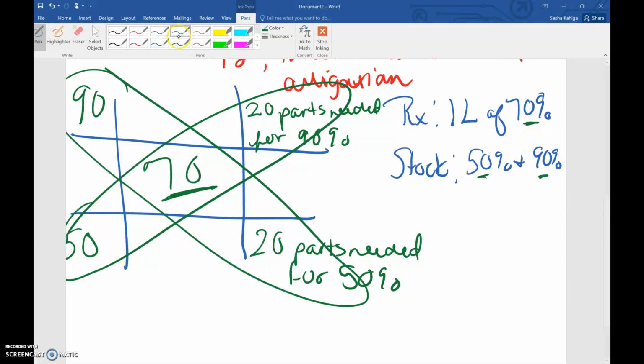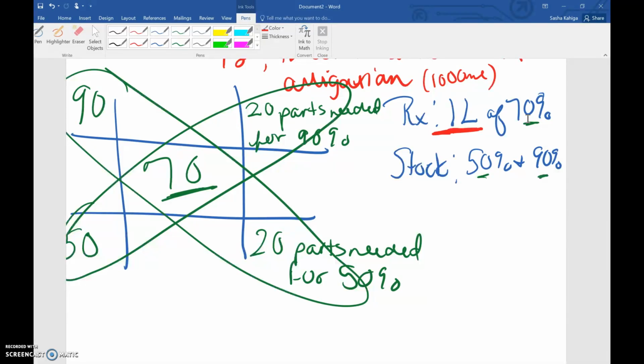The quantity given in this problem is the 1 liter, which we work in milliliters, so that's 1,000 milliliters. That 1,000 milliliters goes to the desired percentage. So whenever your given quantity goes to your desired percentage, you have to solve the problem and get the volume for both stock percentages. All right.